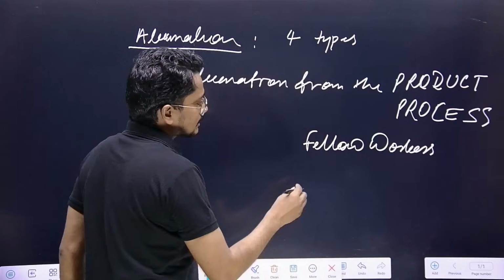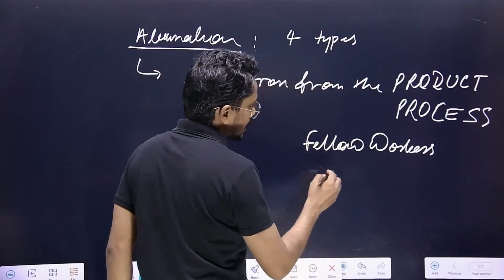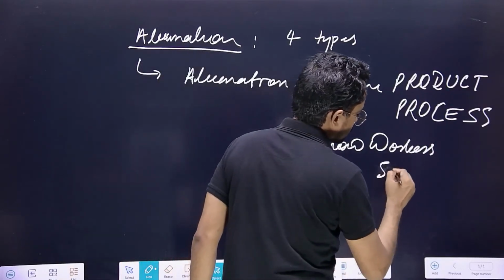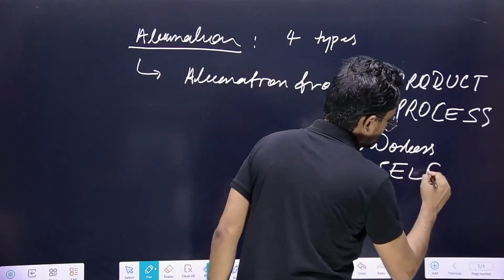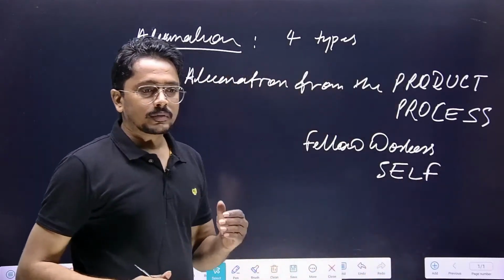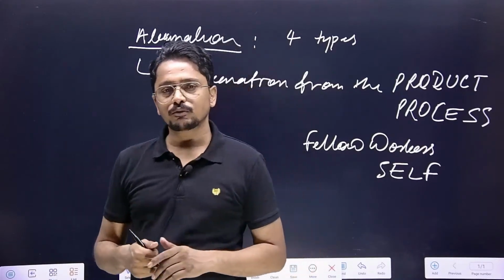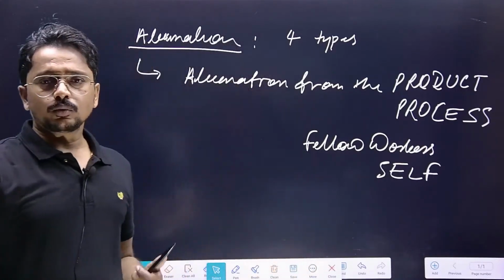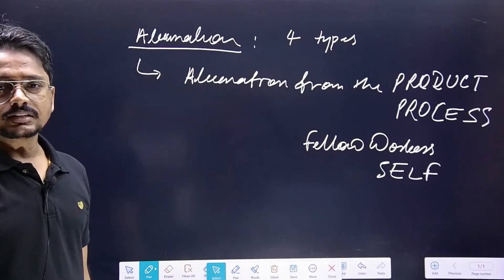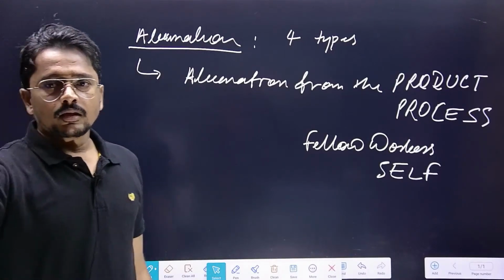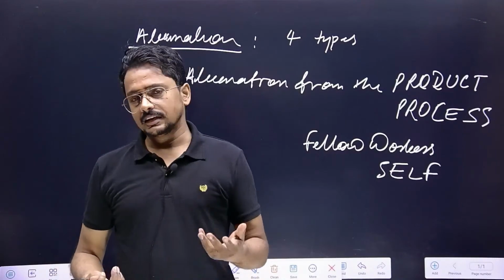And the fourth one is alienation from the self. These are the 4 types through which Marx defines the concept of alienation in great detail. So one after one, now we will understand it.